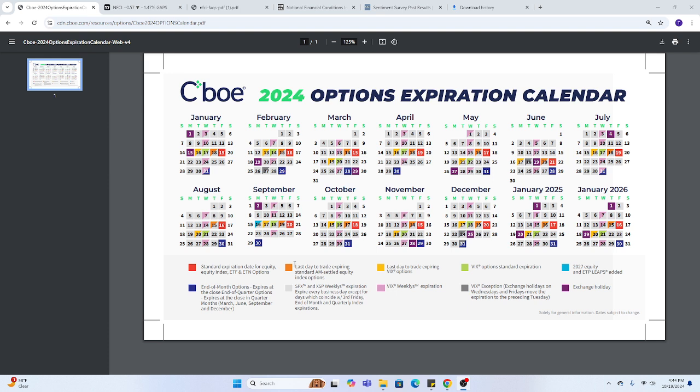It'll help you be more attuned to those specific days when you have the volatility products expire, or you have the option expiration or the quarterlies, because when you don't have that in the back of your head, or you're not aware of it, you can definitely get hurt badly.